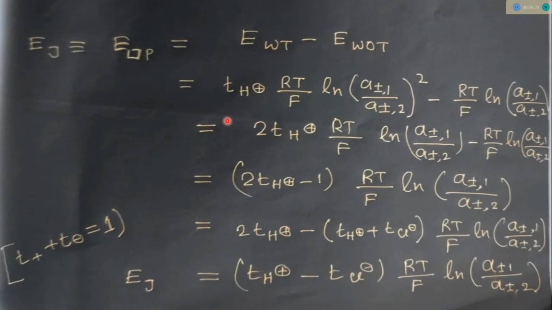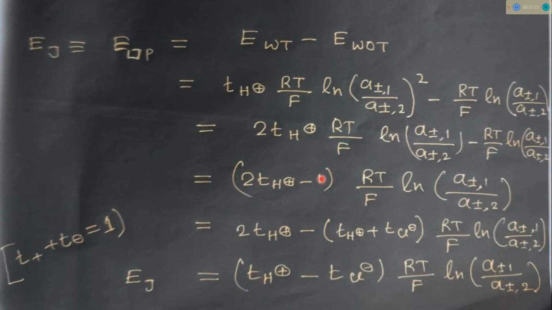If we put the values from before, with transport is t_H+ RT by F ln of the square term. With the same mathematical calculation, taking RT by F ln a± 1 upon a± 2 common, we get 2t_H+ minus 1: 2t_H+ from the first term and 1 from the second. Now, I think 99% of you know that the transport number of cation plus the transport number of anion equals 1. For a particular electrolyte, the summation is 1.